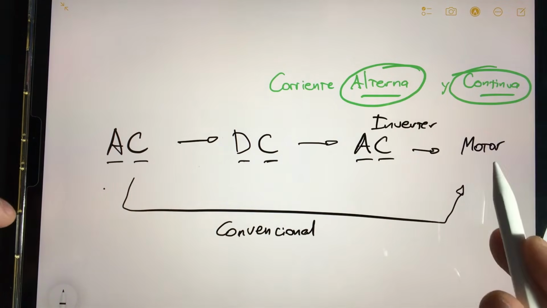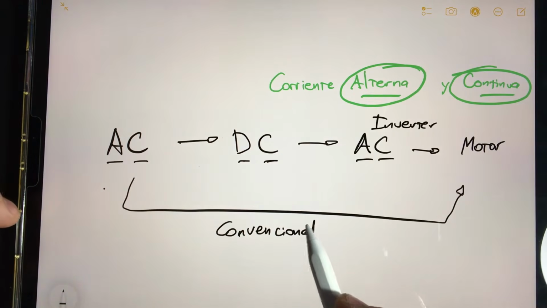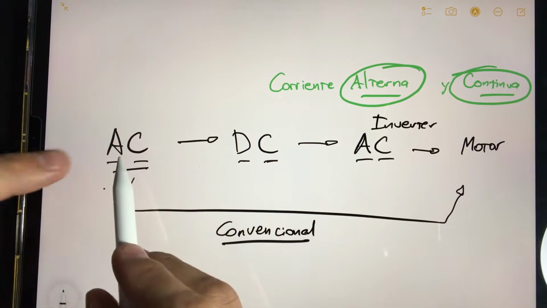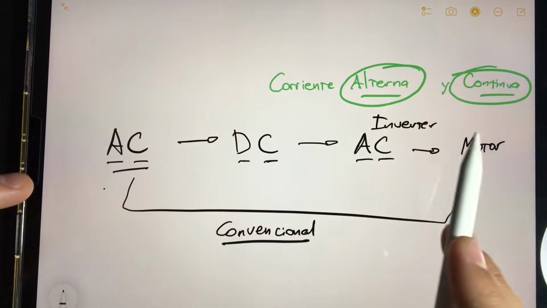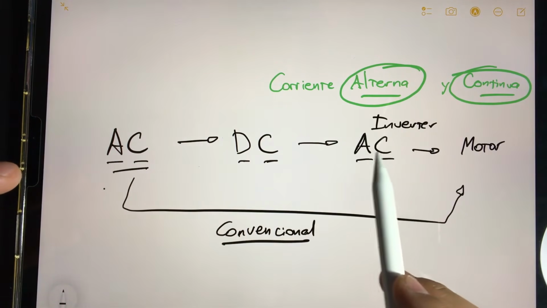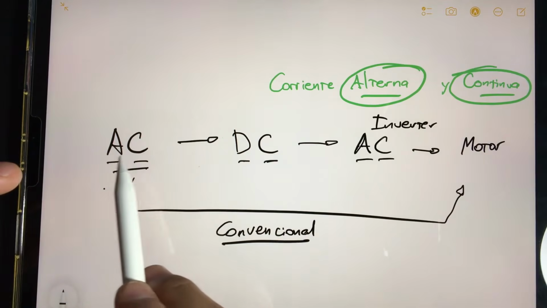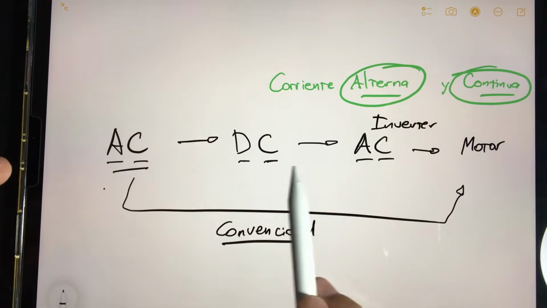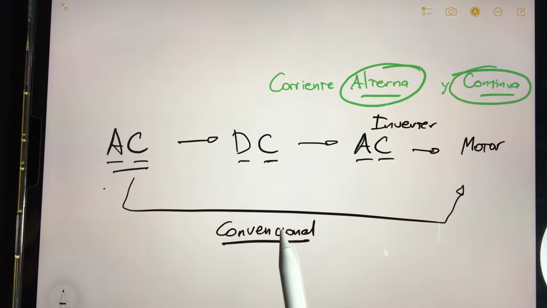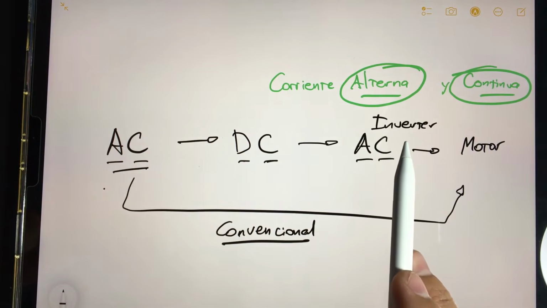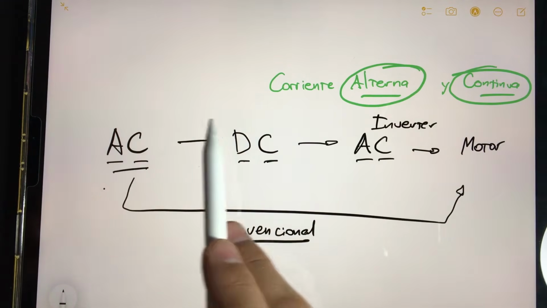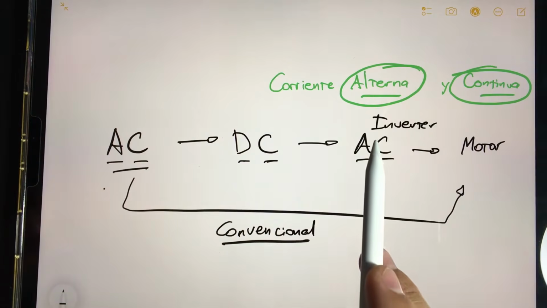The difference will be that the conventional motor will work with the alternating current provided by the electric company, but an inverter system will work with an alternating current that will be generated or created electronically and modified. That is the big difference between a conventional system and an inverter system. When this conversion and inversion occurs, we call it an inverter system.